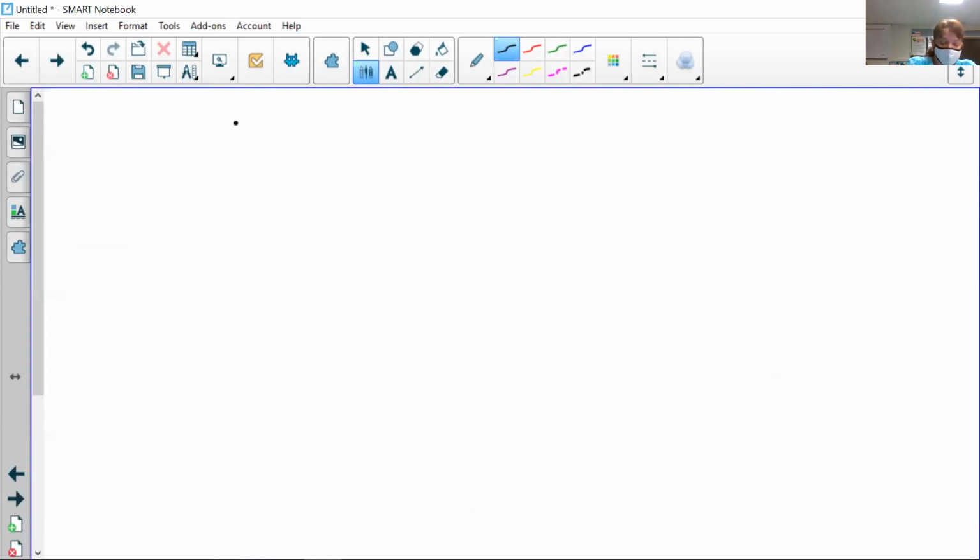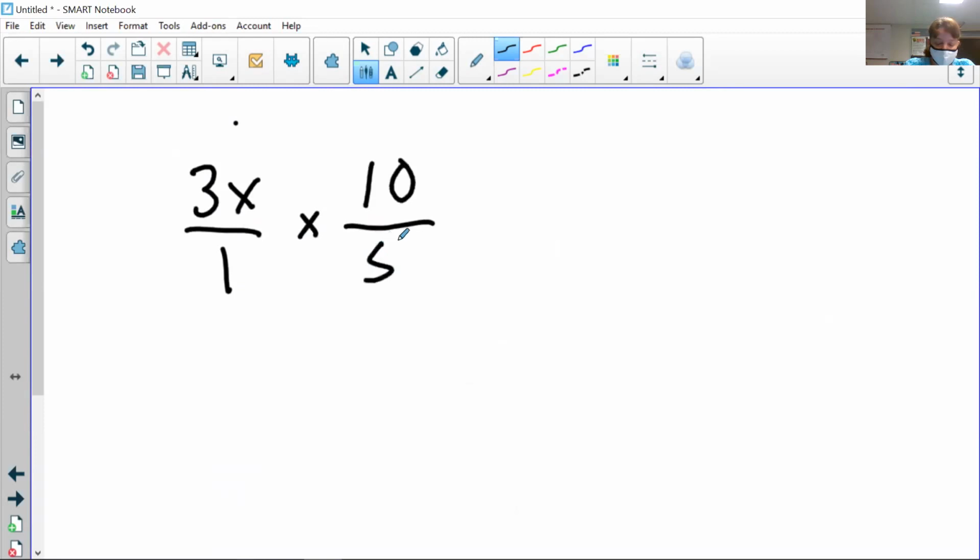Okay, so I'm going to write a math problem using fractions here on my board. Now these are variable x's, so I'm going to make them look like this.